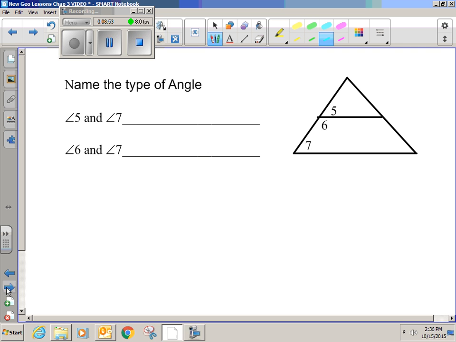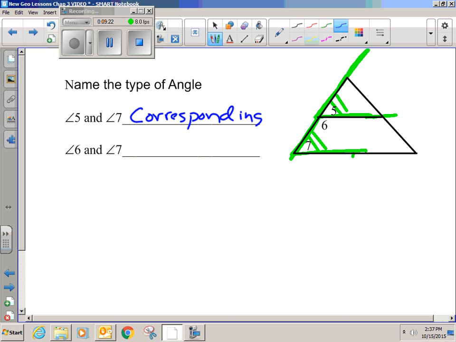So let's play a quick little game. You guys name the type of angle for 5 and 7. If I look at angles 5 and 7, I'm going to highlight my angles right now. It looks like I see the letter F. So therefore, these two angles are corresponding angles. And 6 and 7, let's erase for a moment.